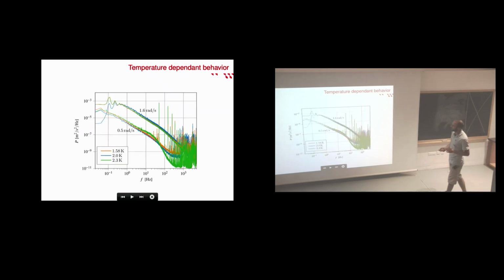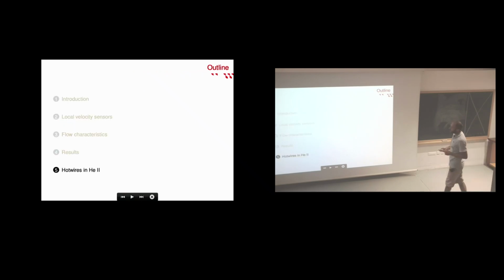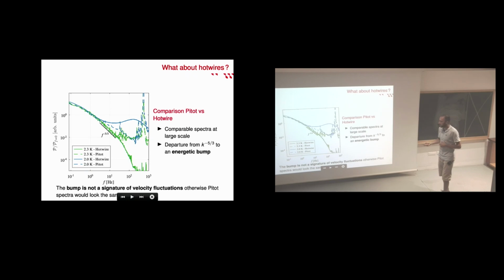Now I'll spend a bit of time telling you about what happens with the hot wires in helium-2. If I try to do the same comparison as I did previously in helium-1, where we had the hot wire here and the pitot tube here, they start to disagree when the pitot reaches its ground noise.